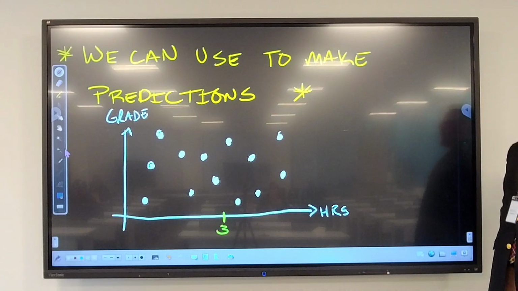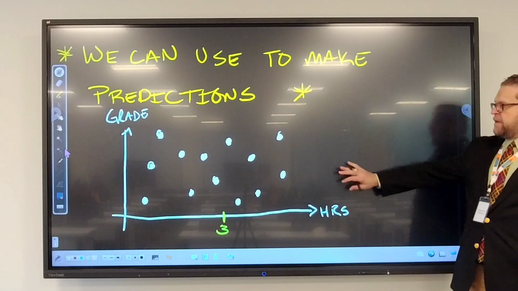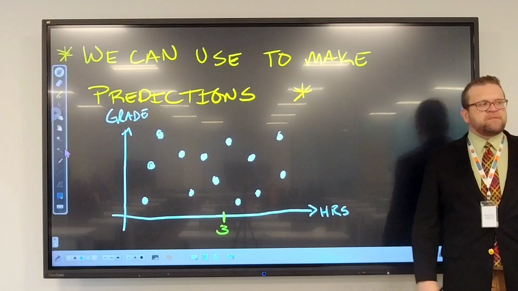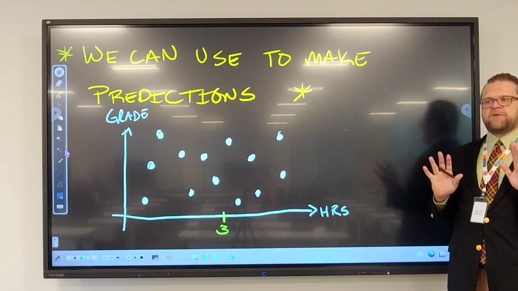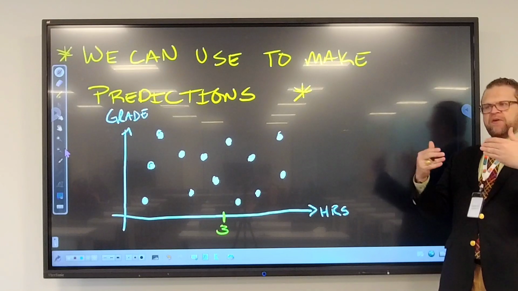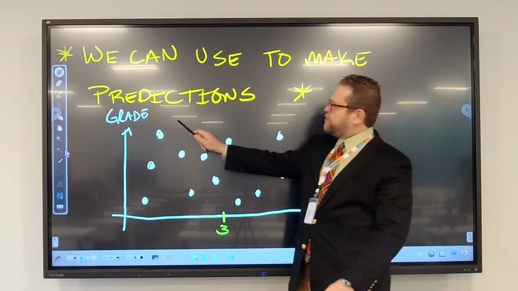I want a strategy to determine what the grade might be, in the event that we have something like this where the best fit line is simply calculable, not necessarily the best predictor. I need another way to make a prediction on what a grade might be.